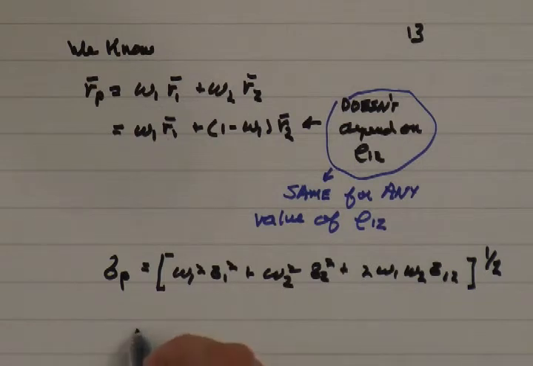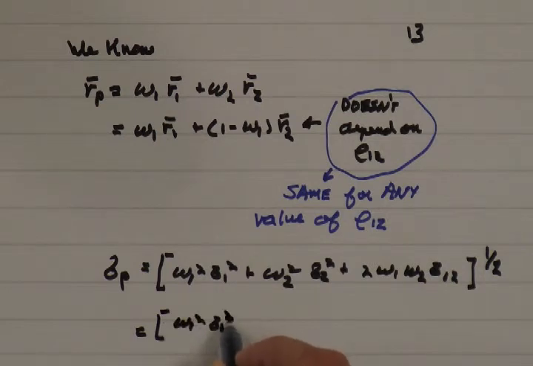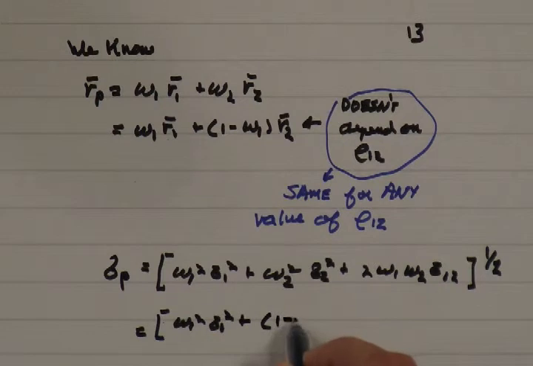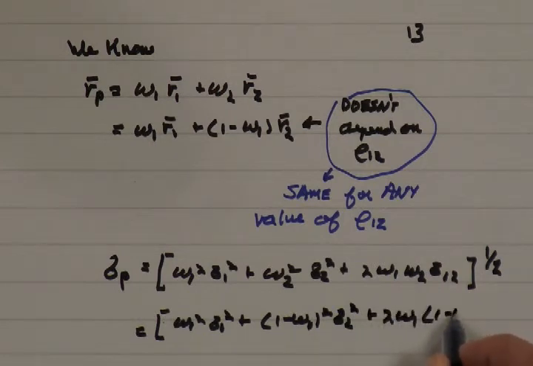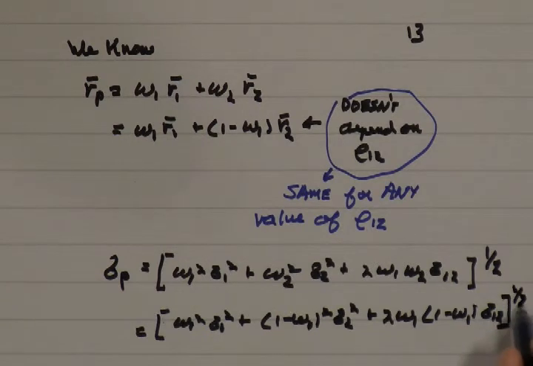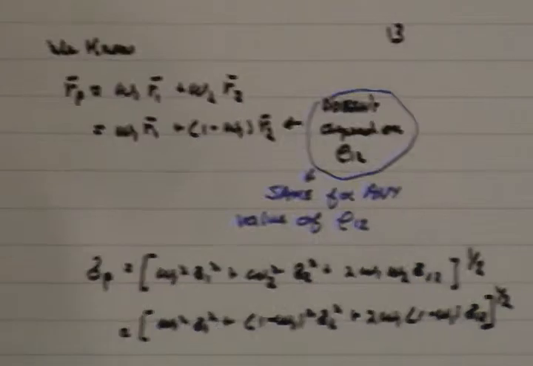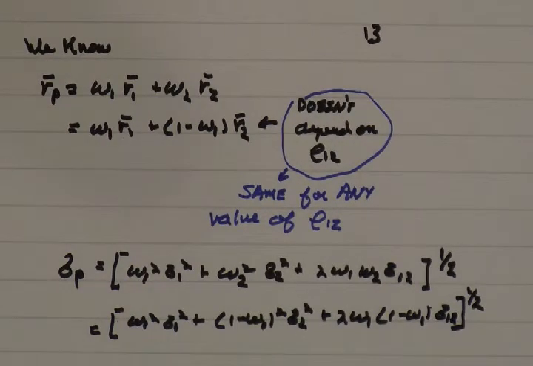So it equals W1 squared sigma 1 squared plus 1 minus W1 squared sigma 2 squared plus 2 W1 (1 minus W1) sigma 1 2, and we take the square root of that. Let's move this over a little bit. Okay, good.